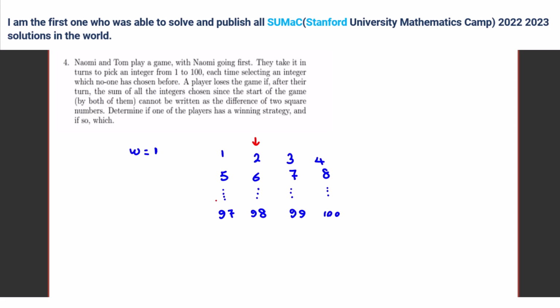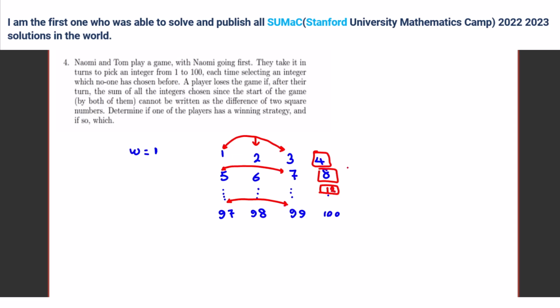She can pick a 4k number. For example, if the second player takes 1, then Naomi picks 3. So you consider these pairs, right? And if the second player takes, for example, 8, you take what? Another.